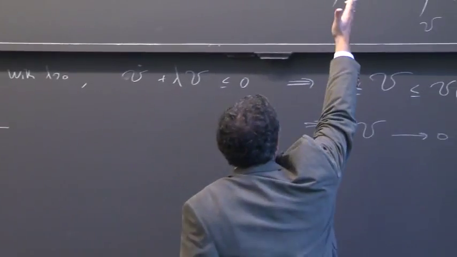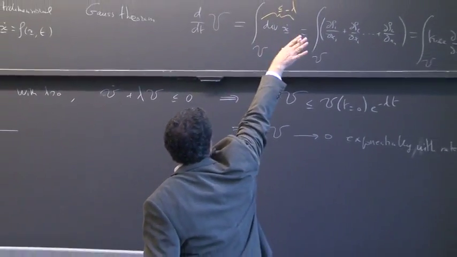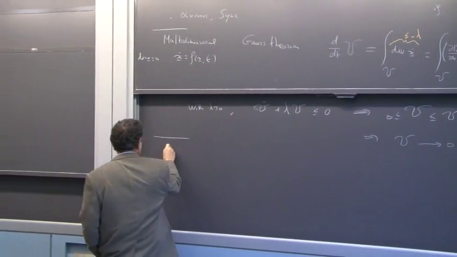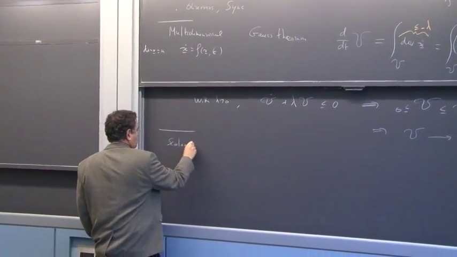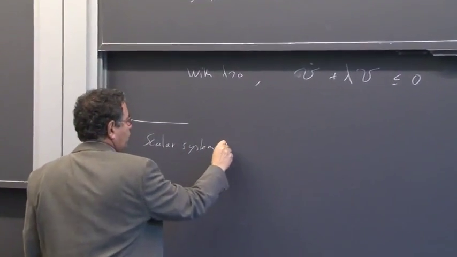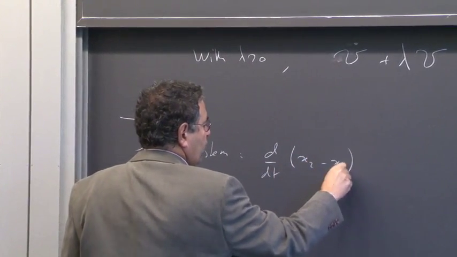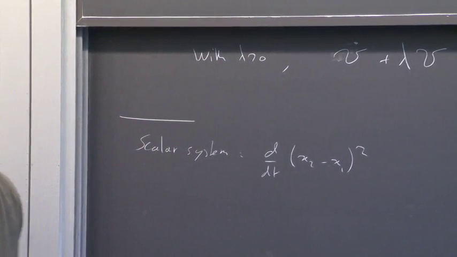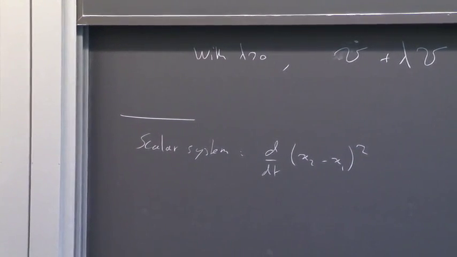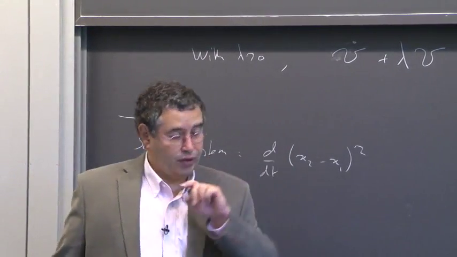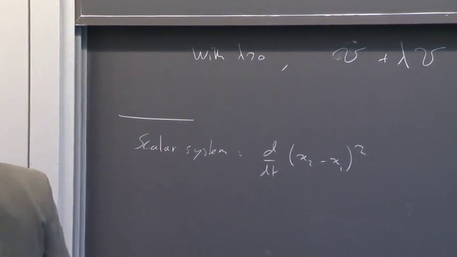So how did we prove the result way up there on the scalar system? If we had a scalar system, we looked at d over dt of x2 minus x1 squared, right? And we computed that in terms of df over dx, and we showed that result up there. Okay?